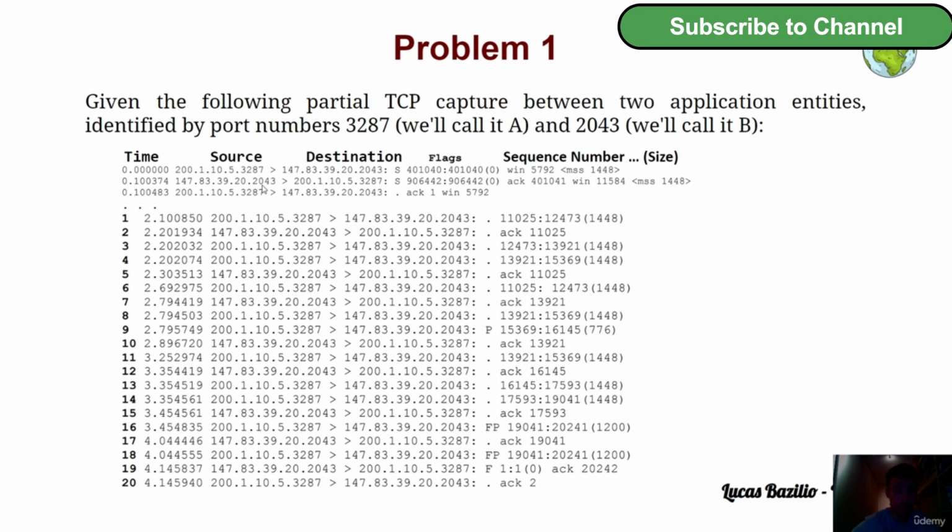As we can see in this packet from the application B, we have a time of 0.100374. We can see the times in seconds, so the difference between this one, 0.100374 minus 0, is essentially 0.100374. So this is the difference between the synchronization and the first response from the server in this three-way handshaking in the TCP connection establishment.